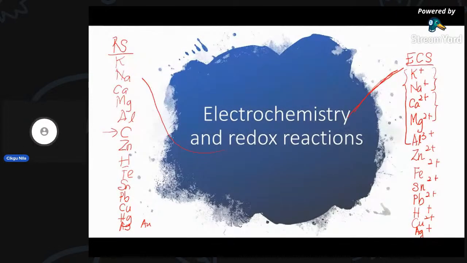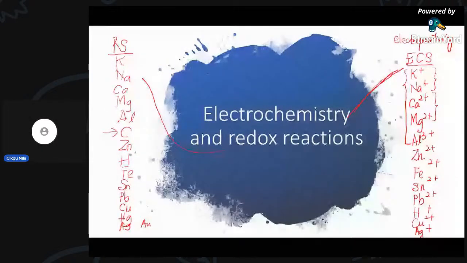Another thing, especially in paper 2, if you use ECS, especially in electrochemistry, you have to explain in terms of the electropositivity of the metal, which metal is more electropositive than which metal. If the metal is more electropositive, it means the metal is more reactive.